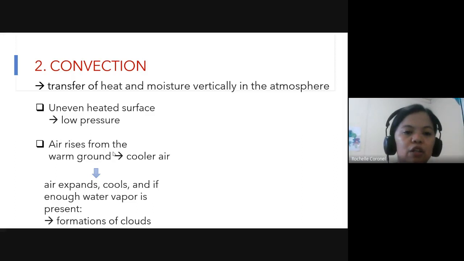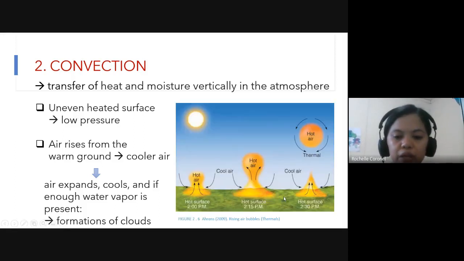There are many types of convection. One good example is hot air thermals. We call these air bubbles or thermals.